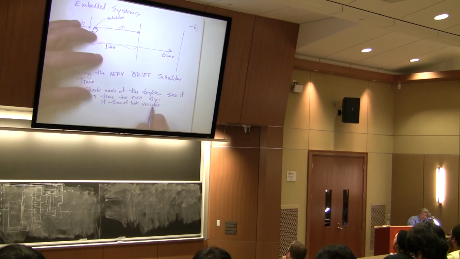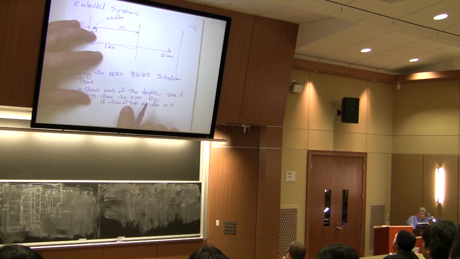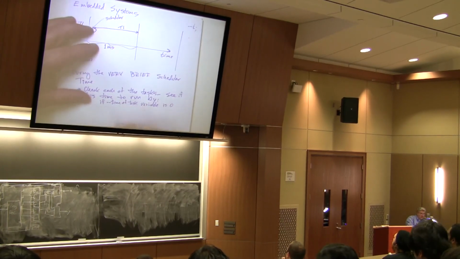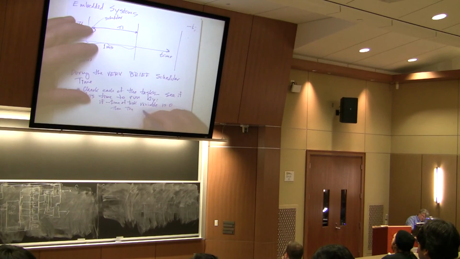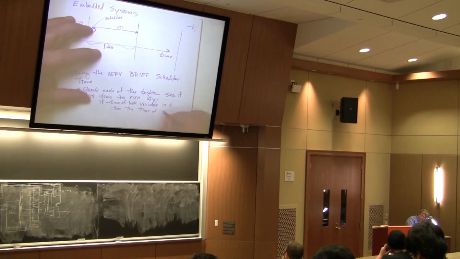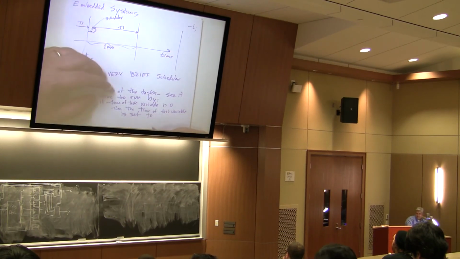If the predecrement of the task variable is 0, in other words, if you decrement the variable and it goes from 1 to 0, then the time of task variable is set to what?